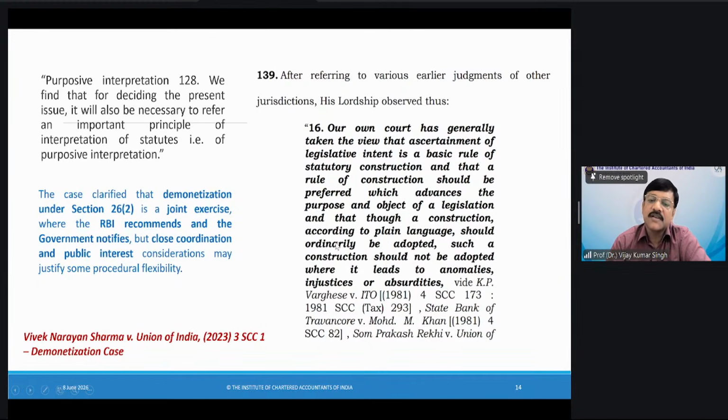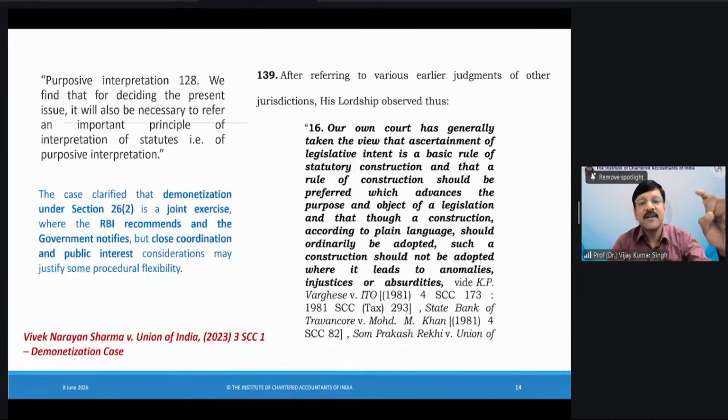Though a construction according to plain language should ordinarily be adopted, such a construction should not be adopted where it leads to anomalies, injustices, or absurdities. So the court referred to these many cases and said that there is a requirement of a purposive interpretation. In this demonetization case, I will tell you what the issue was.